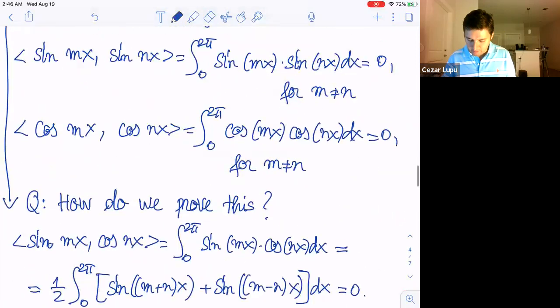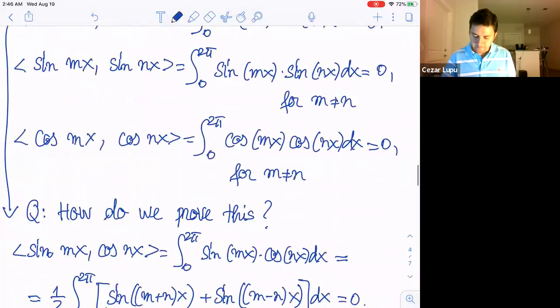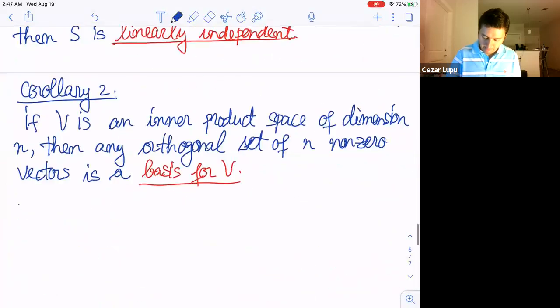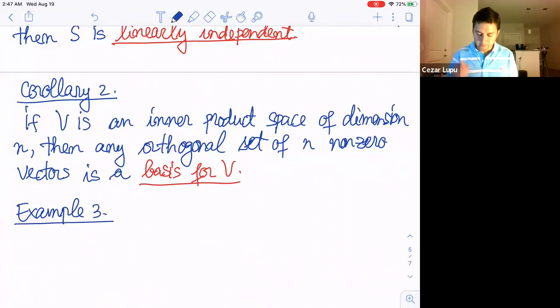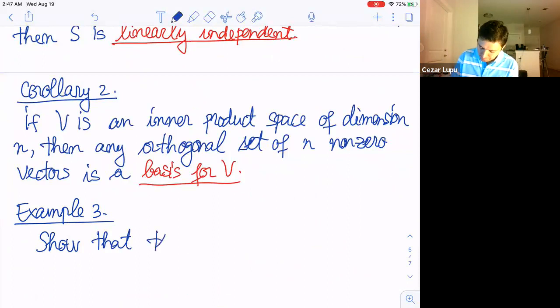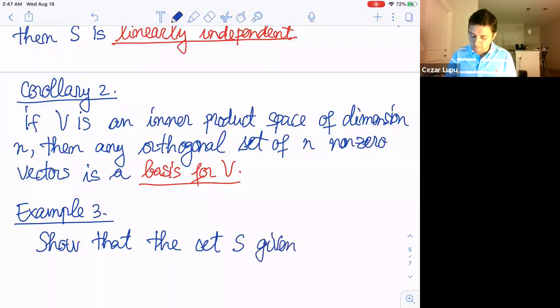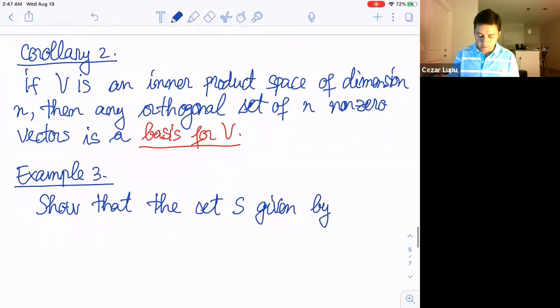I think this is example number 3. Okay. And now let me consider the following. Show that the set S given by, now let's look at the set.